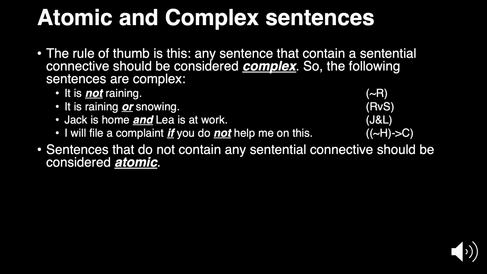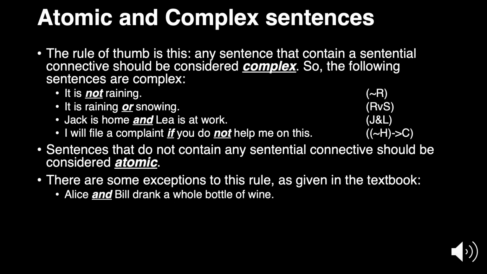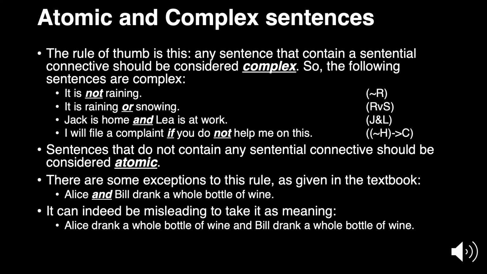Of course, there are some exceptions to this rule, as given in the textbook. "Alice and Bill drank a whole bottle of wine." Well, what's intended in this sentence is that they together drank a whole bottle of wine, so it's not that Alice drank a whole bottle of wine and Bill also drank another bottle of wine.